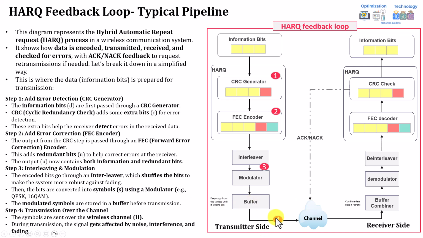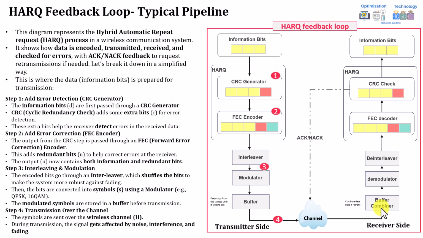So assuming the data has now moved to the receiver side, it will do a reverse operation for all these steps. But the most important thing, again, you might ask yourself, is why do we have a buffer combiner? Why would you have a buffer in the receiver as well? Again, this will be explained in detail in the next slides, but the main difference between HARQ and RLC and MAC RLC in general, in terms of retransmission, is that whenever the HARQ receiver requests a retransmission, it will still retain the first copy which was received, and it will start doing something called soft combining for any new retransmission.